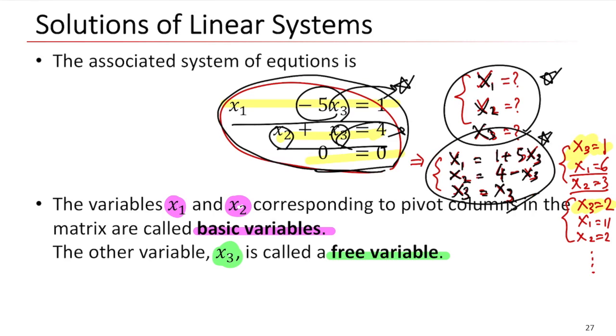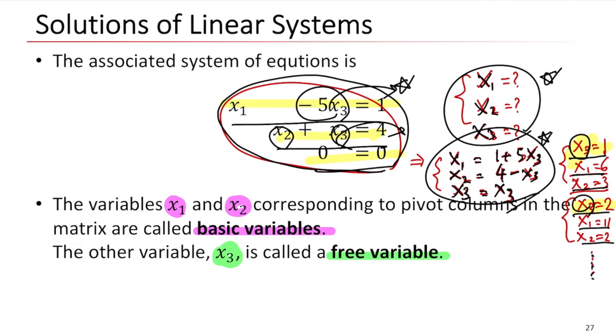So from the modified form of the linear equation, we can say that if x3 is equal to 1, x1 and x2 should be like this, and if we choose x3 as 2, x1 and x2 should be like this, right? So it means there are infinitely many solutions as we vary the parameter x3.